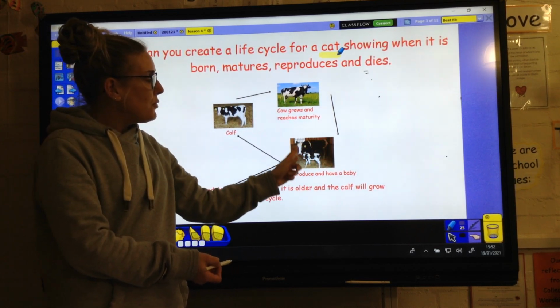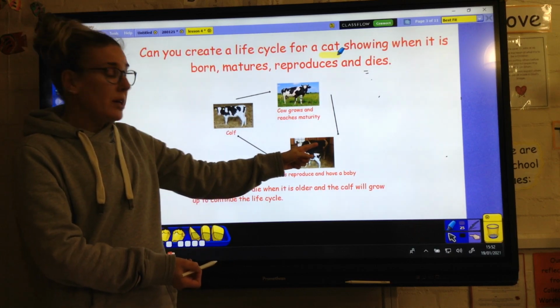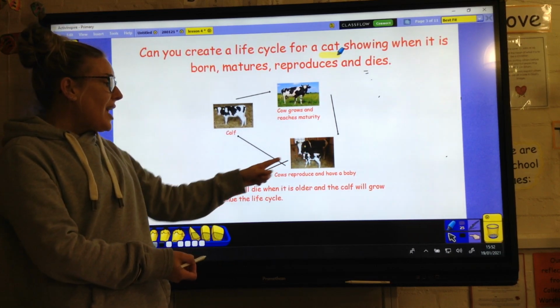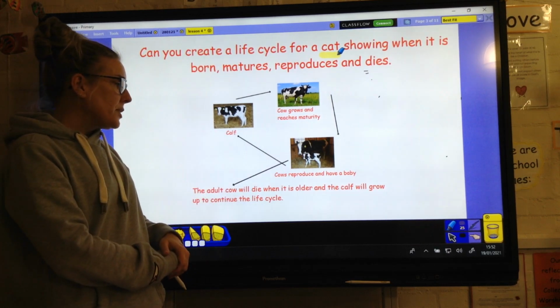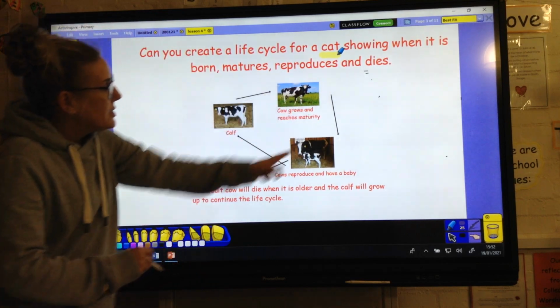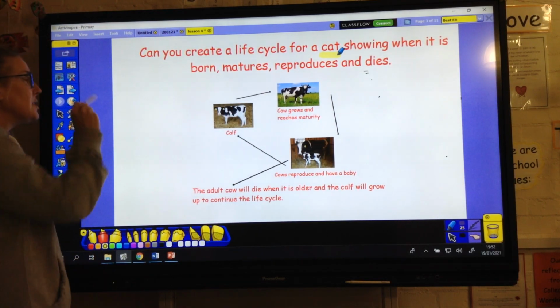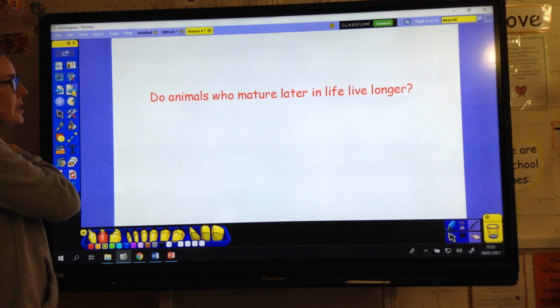Also, that's the same for this cow. It can have more babies, but at some point it will come off and it will die later on. Okay, so have a go at doing the life cycle of a cat and see if you can put some of that information in. Think about if you can find the ages on some of those information sheets.